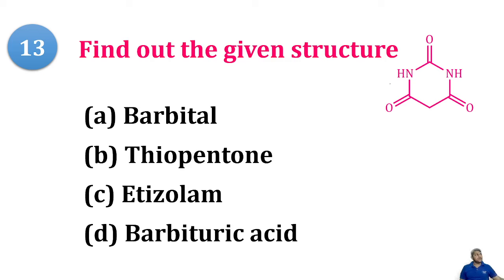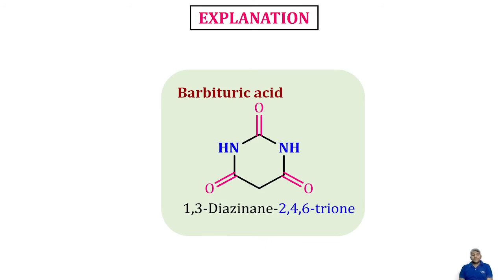The given structure has 2 nitrogens as heteroatoms and contains 3 oxo groups. So the basic structure is barbituric acid, which we basically use as an anti-epileptic as well as a sedative hypnotic. This is the typical diagrammatic representation showing the 1 and 3 positions as diazine, and 2, 4, 6 as trione.